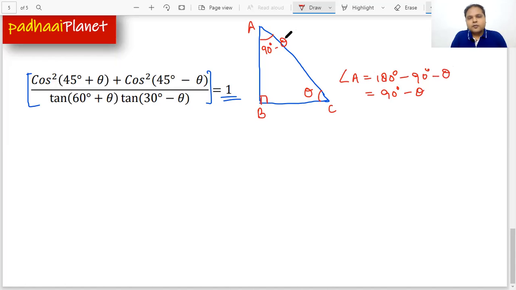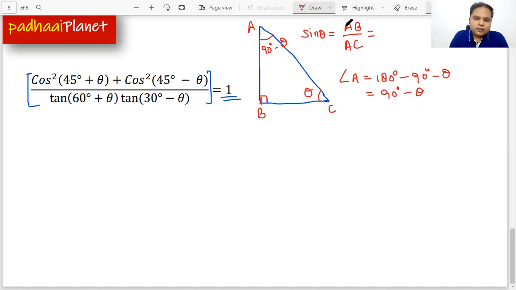Now, the important thing which I wanted to discuss is the value of sine theta from here. Sine theta is always equal to opposite over hypotenuse. So opposite here is AB and the hypotenuse is AC.